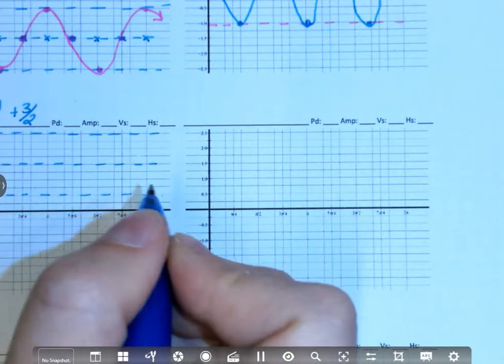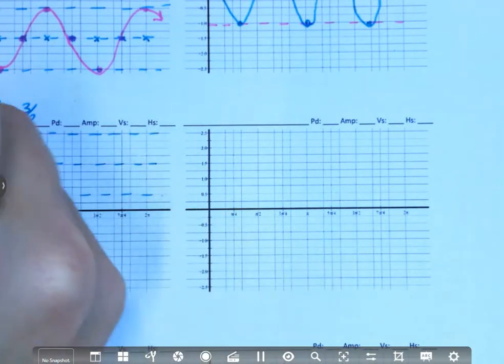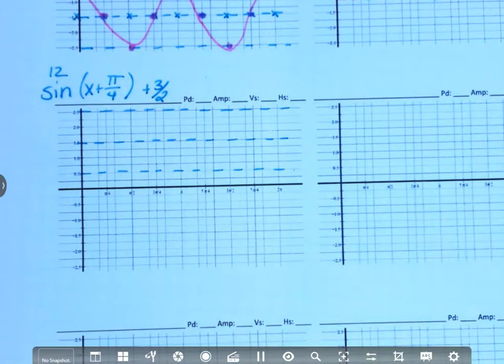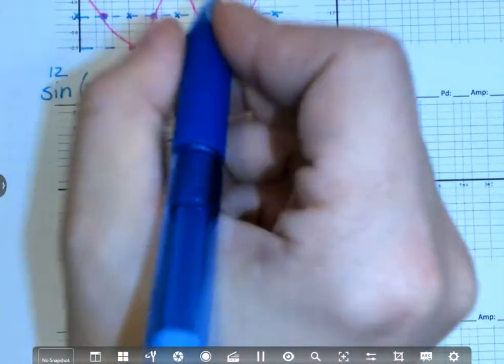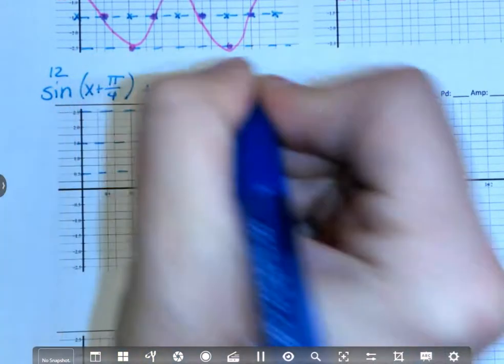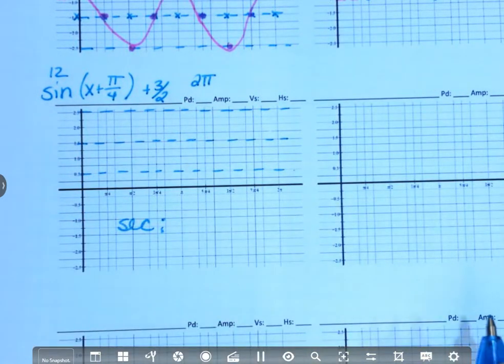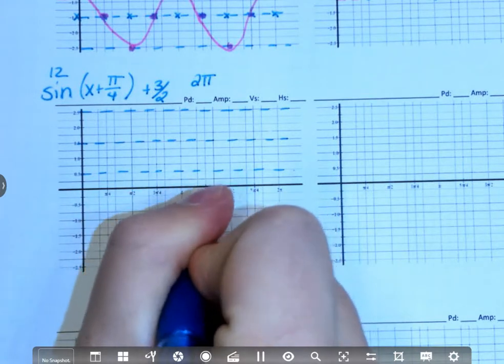So far, so good? This is number 12, which you can't even see that I was writing on that. Okay, yeah, that helps. What is your period going to be for this? 2 pi, which means each section is going to be pi over 2.